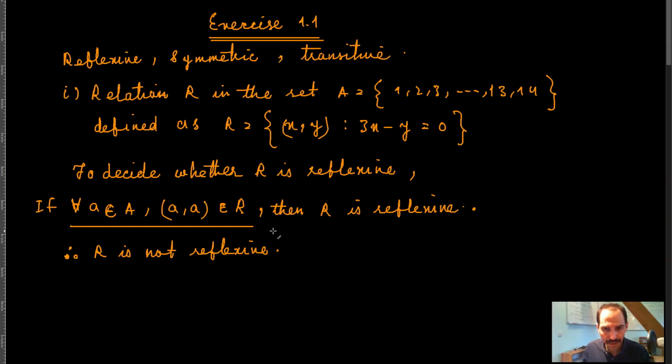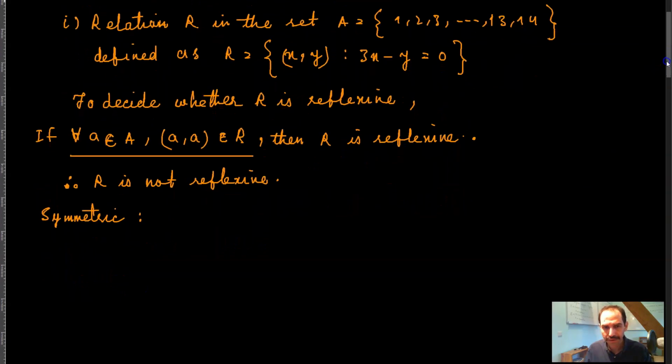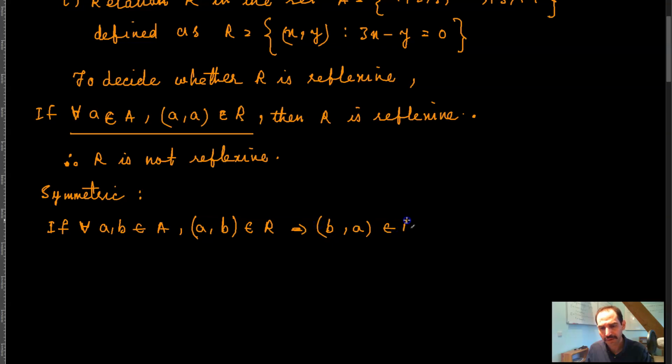Now to decide whether R is symmetric, the condition is that for every a and b belonging to A, (a, b) belonging to the set R implies that (b, a) also belongs to R, right?